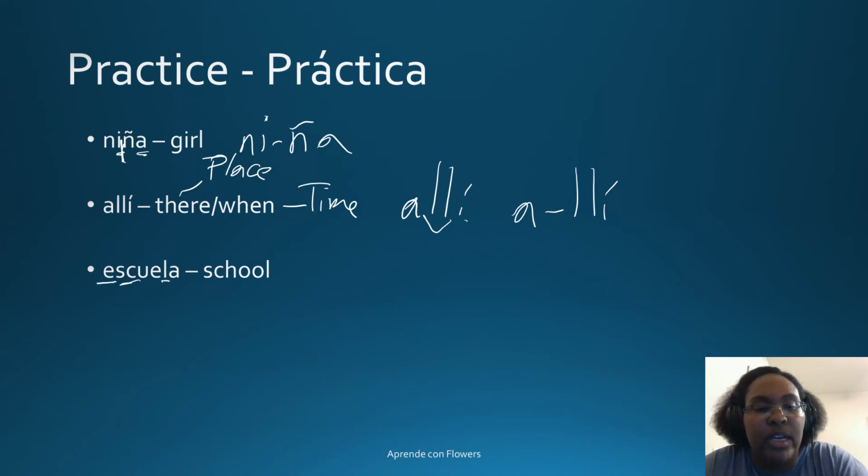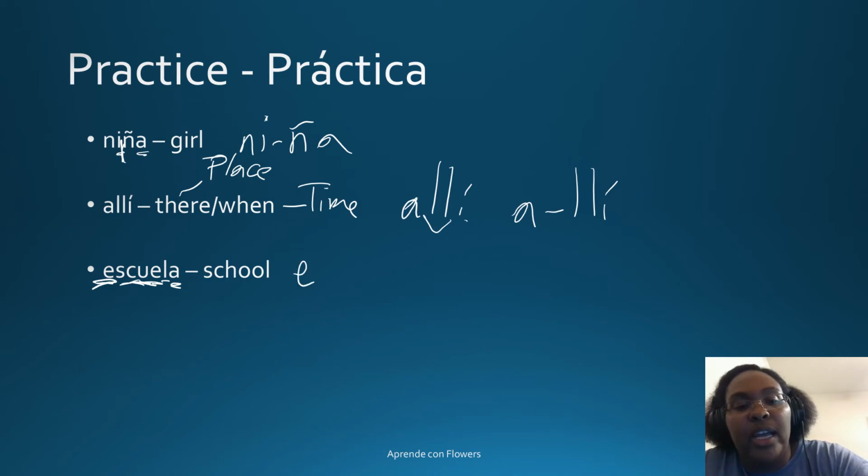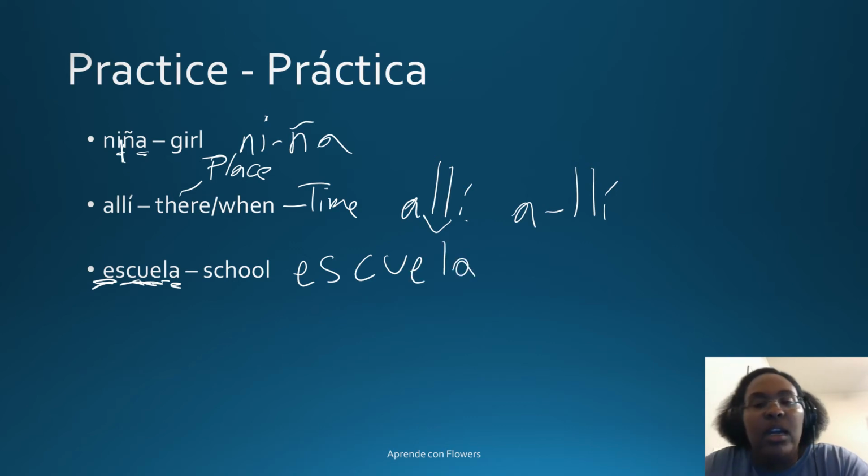We have an E here, a U, E, and an A. So let's look at ways we could break it down. We have es, sque, la. How can we break that down?